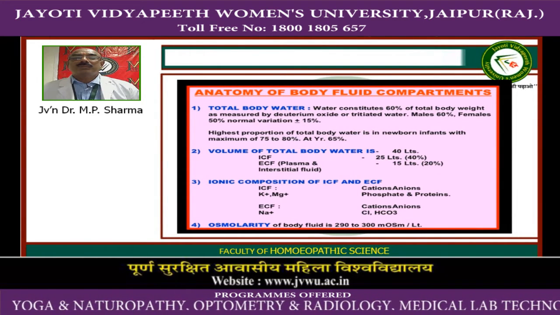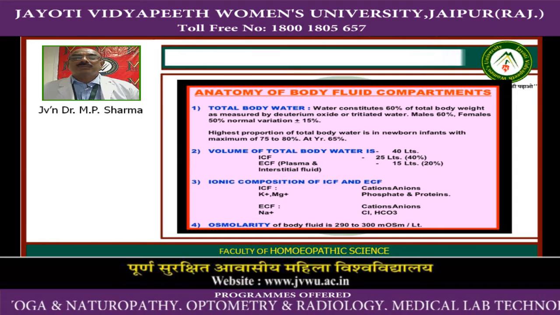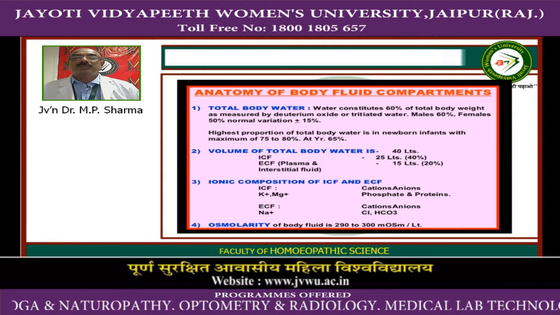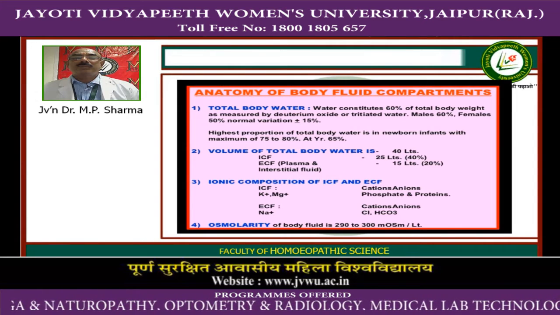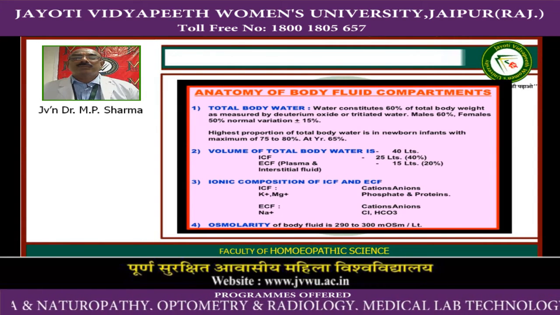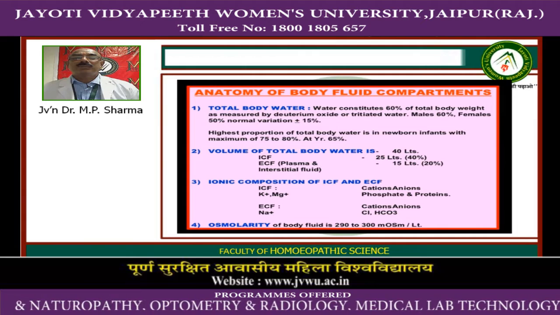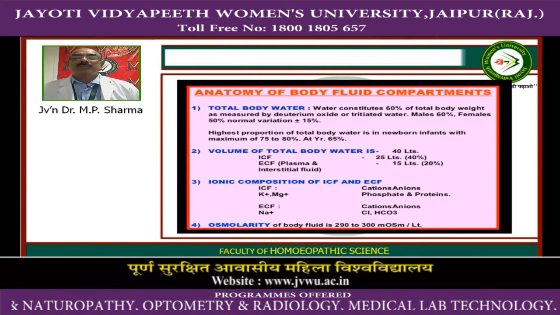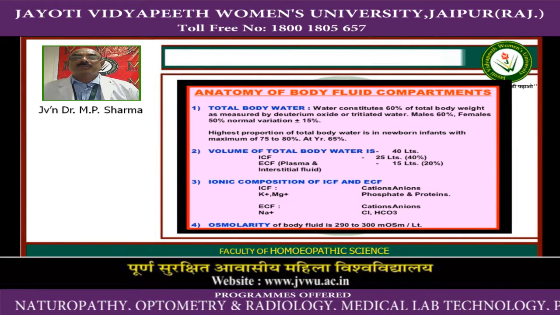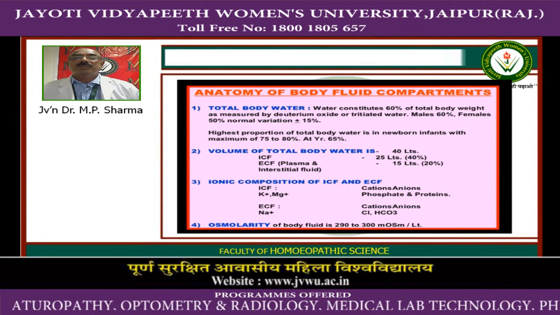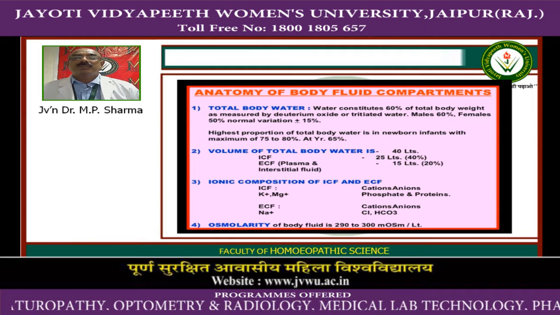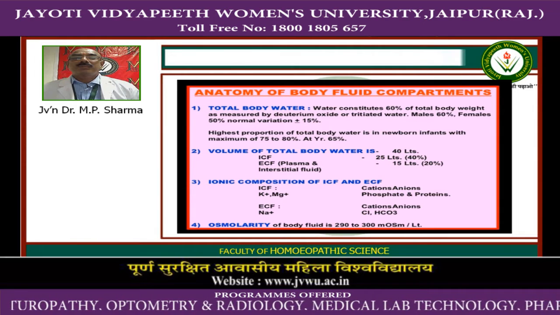Now we want to see the anatomy of the body fluid compartments. Number 1, total body water. Water constitutes 60% of the total body weight as measured by deuterium oxide or tritiated water. In males it is 60%, whereas in females 50%.